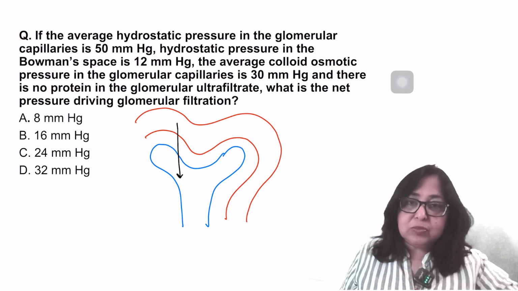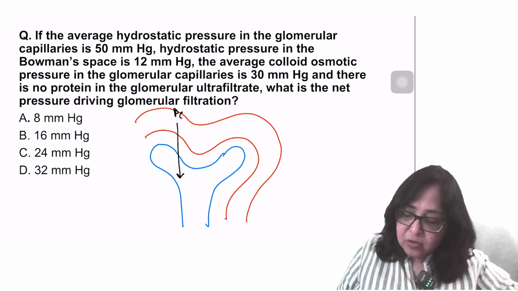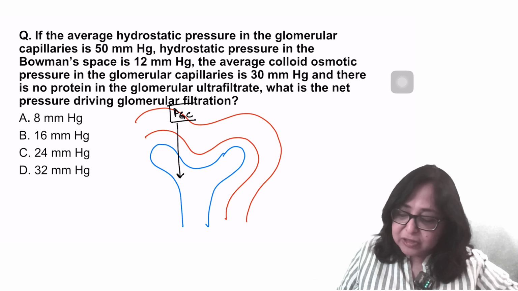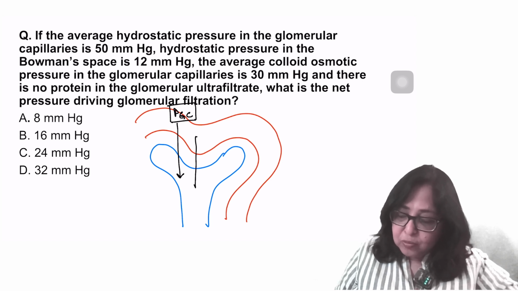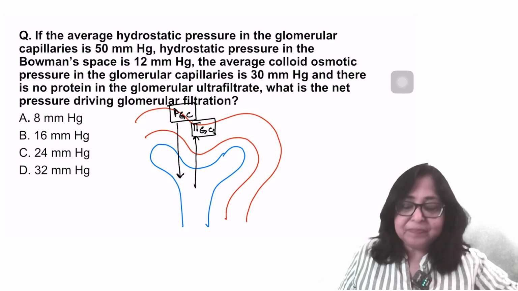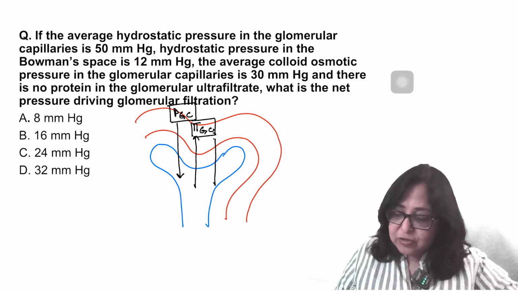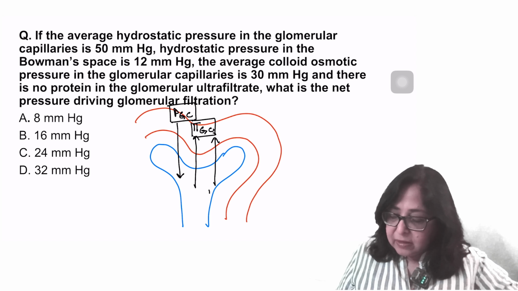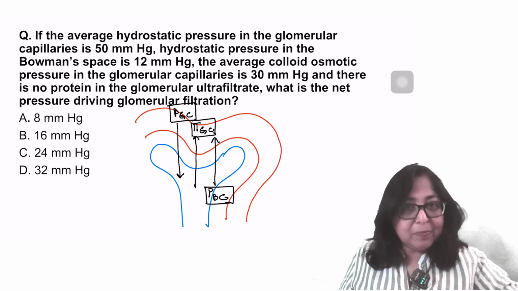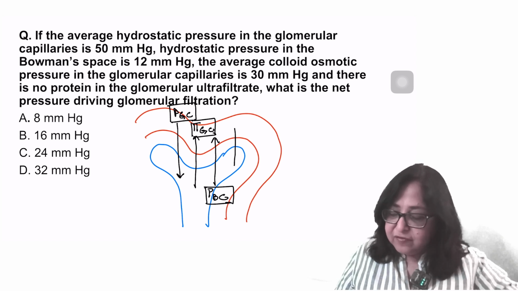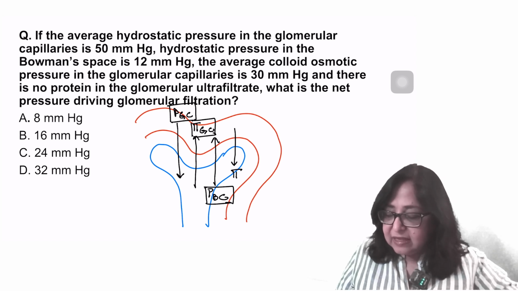So the force which favors filtration is the glomerular capillary hydrostatic pressure. What opposes filtration is the glomerular capillary colloid osmotic pressure. The Bowman's capsule hydrostatic pressure also opposes filtration, and favoring filtration is the Bowman's capsule colloid osmotic pressure.